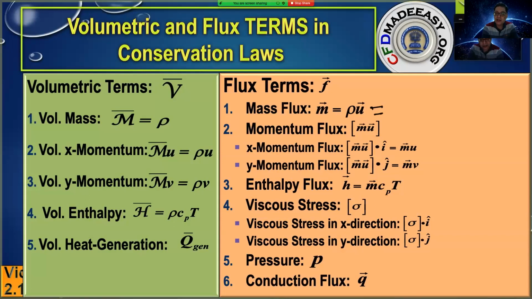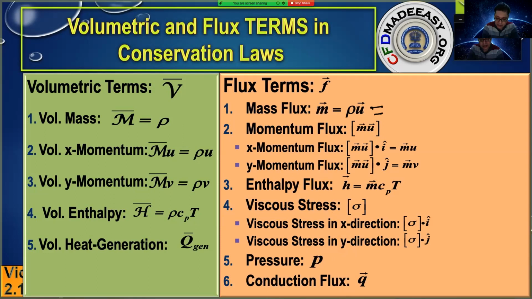Momentum flux is momentum flow rate per unit area. Enthalpy flux is enthalpy flow rate per unit area. These viscous stresses are the viscous forces per unit area. Pressure is pressure force per unit area. Conduction flux is conduction heat transfer rate per unit area. Note that in the previous slide it was capital Q, here it is small q. In the previous slide this was capital M, here it's a small m.